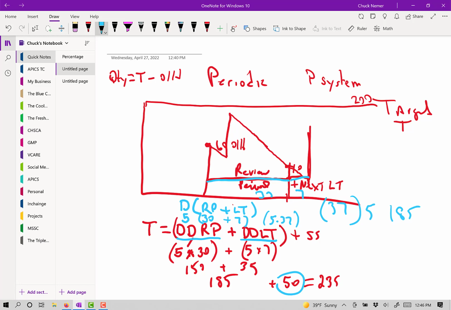And again, looking in the upper left corner, if the target is 235 and we happen to have 60 on hand, then we're going to order the other 175, place the order. It comes in after the 7 days. The 175 comes in. We're almost back to target, but not quite because we use some, and then the cycle continues.